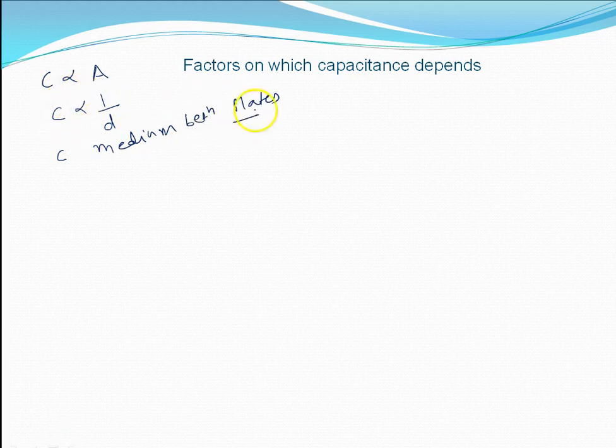Area means overlapping area of the plates. Suppose these are two plates each of area A, and these are two plates each of area A, then you have to count only the overlapping area. Of course we will discuss in detail.